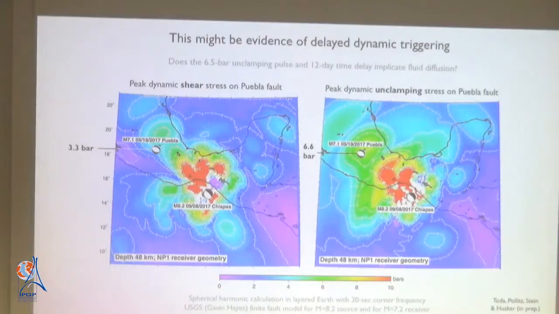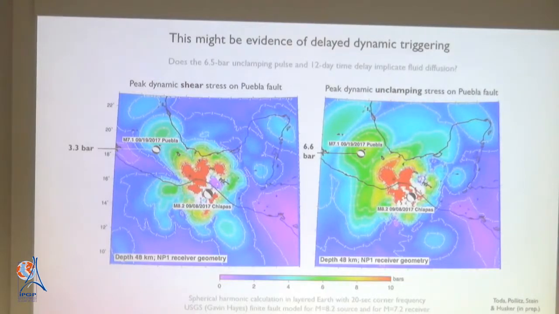I don't know the answer. I don't know that anybody knows the answer, but we want to keep looking for things that we might otherwise miss. And if there is a signal here, it's probably not a Coulomb phenomenon. It's probably related to this unclamping, in which case that 12-day period would be related to the diffusion of fluids rather than anything else.